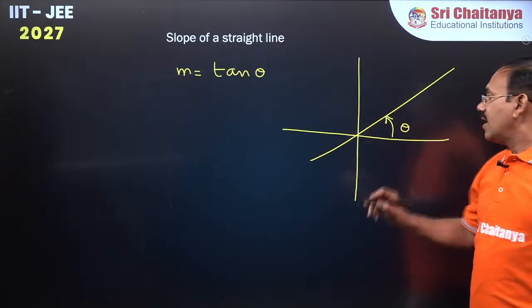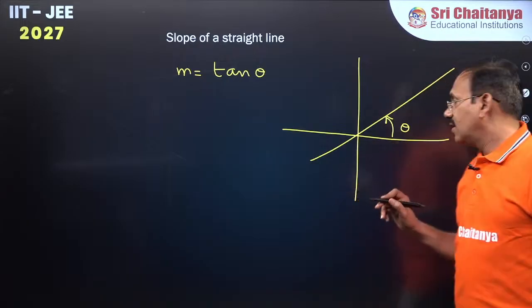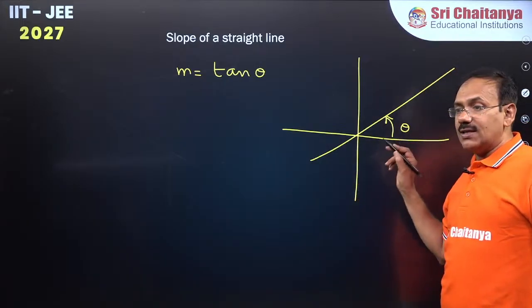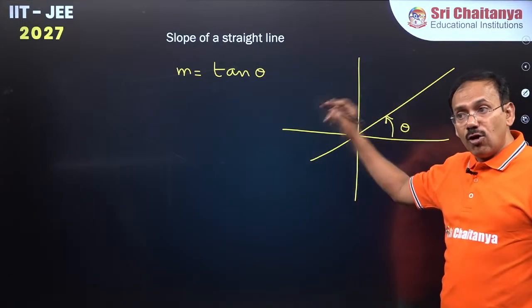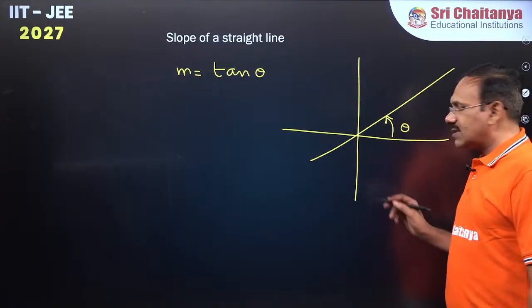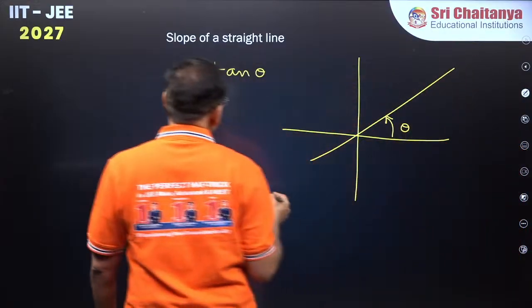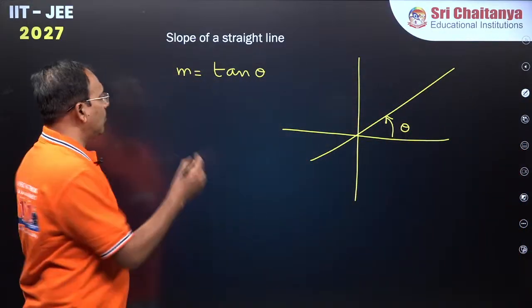Now dear students, before that, what do you mean by slope of the line? If a line makes an angle theta with the x-axis, the slope m is given by tan theta. Once theta is given, you know the tan theta table, dear students.